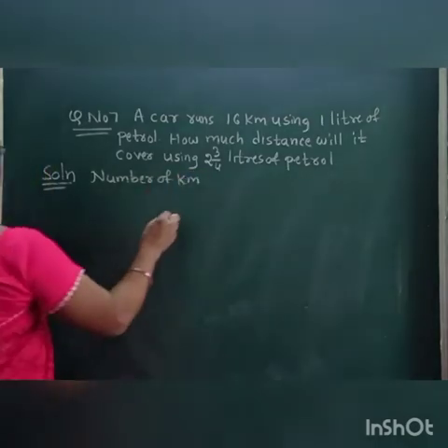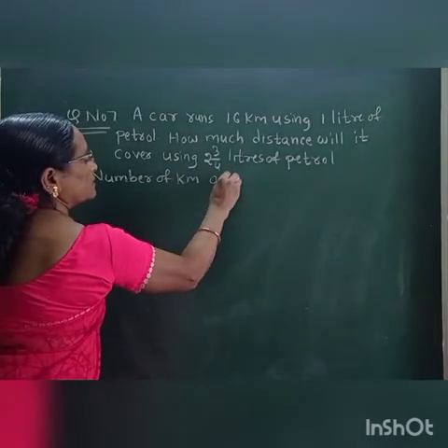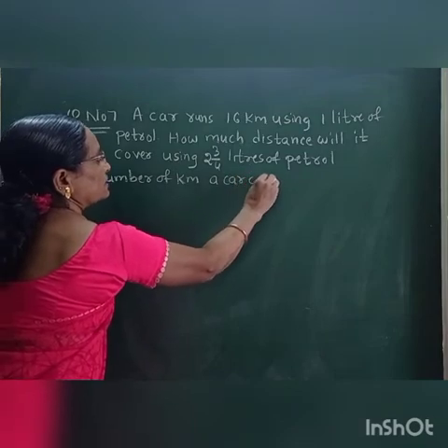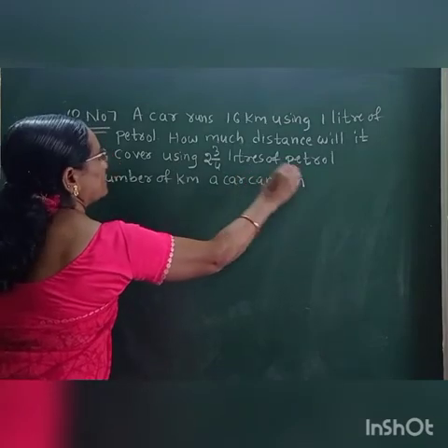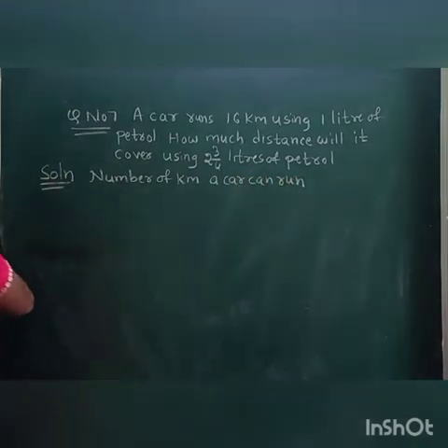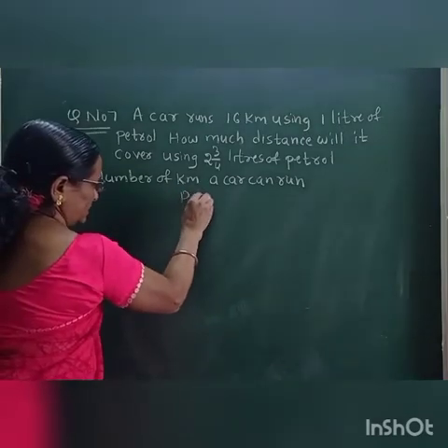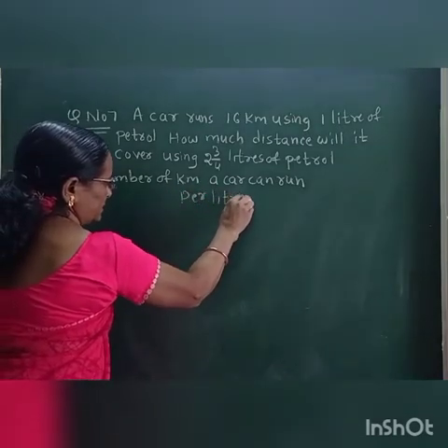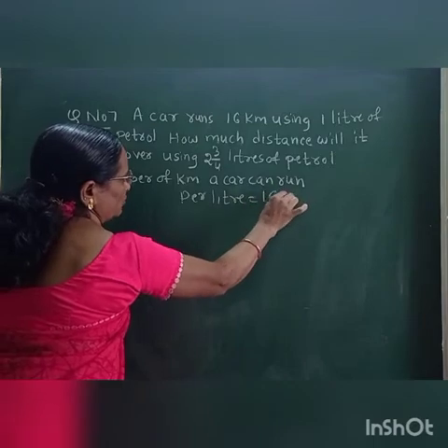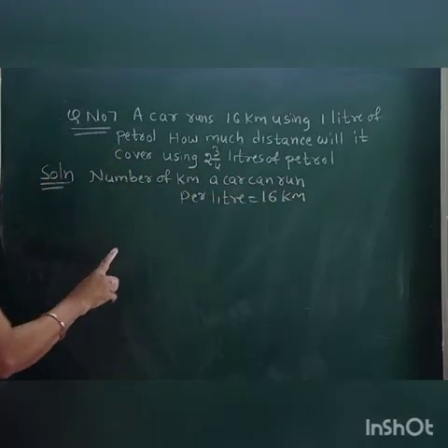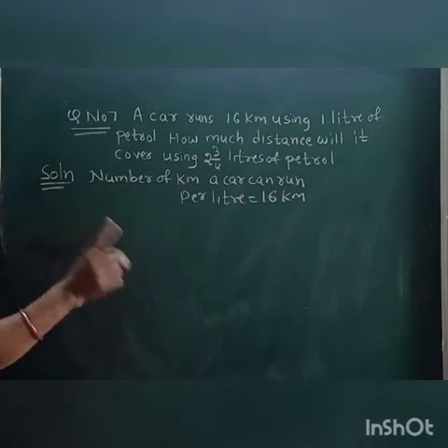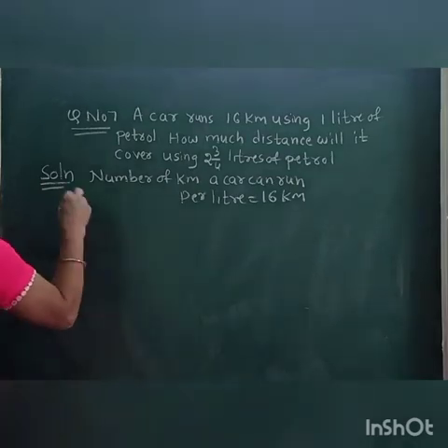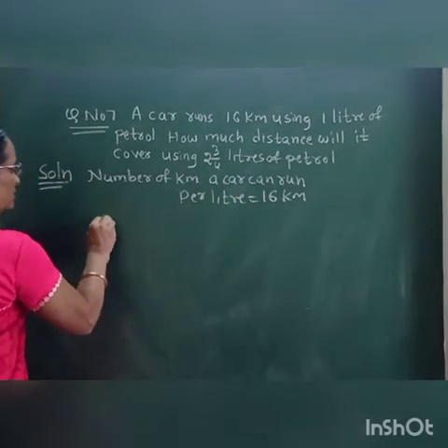So, number of kilometers a car can run per liter, means 1 liter per liter is equal to 16 kilometers. Means for 1 liter a car runs 16 kilometers. Then what quantity of petrol is given?